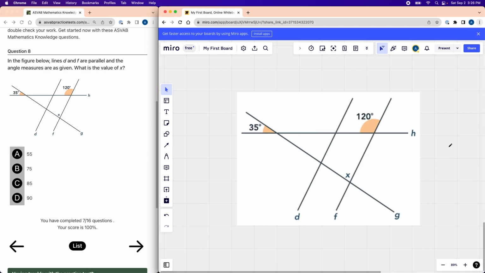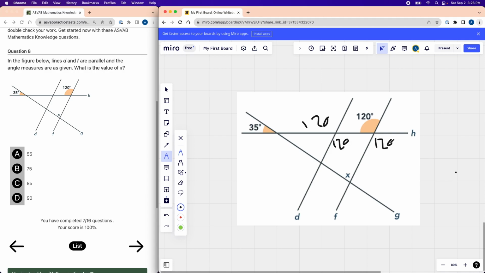So what we were saying is that this angle here is going to be 120, and this angle is also 120 because it's on the other side. This angle is also 120 because it is also on the other side. So we have those angles here. I don't know if that really helps us. Well, that helps us a little bit, actually.